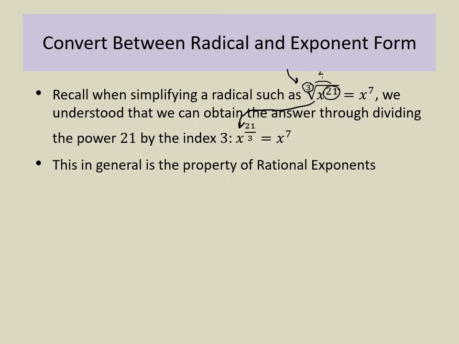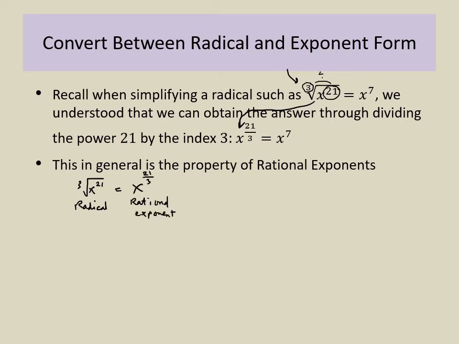In other words, the cube root of x to the power of 21, this is radical form. If I convert it into exponential form, I can write it as x to the power of 21 divided by 3. And this here is what we call a rational exponent.